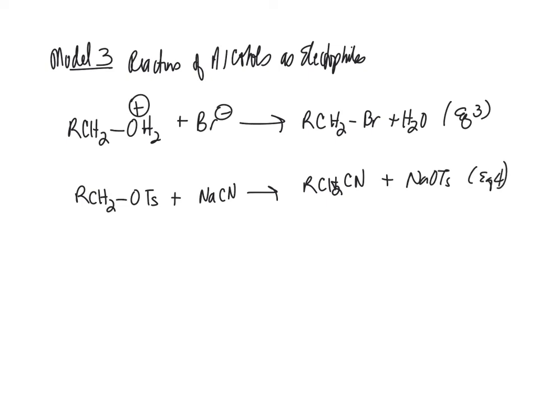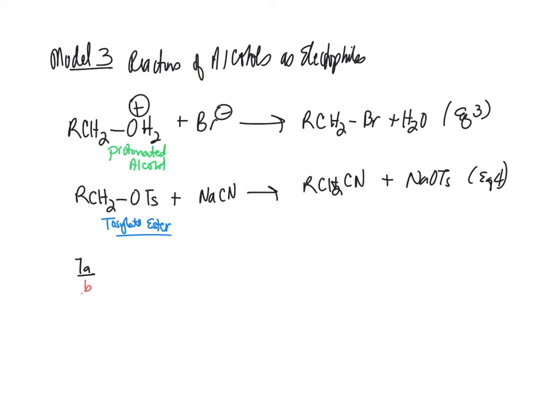Equation 4. Write the names of the protonated alcohol and tosylate ester under the corresponding reagents. Okay, so this would be our protonated alcohol, and this would be our tosylate ester. And you can write the O-tosyl. That's accepted in the chemistry community. You don't have to draw the structure.